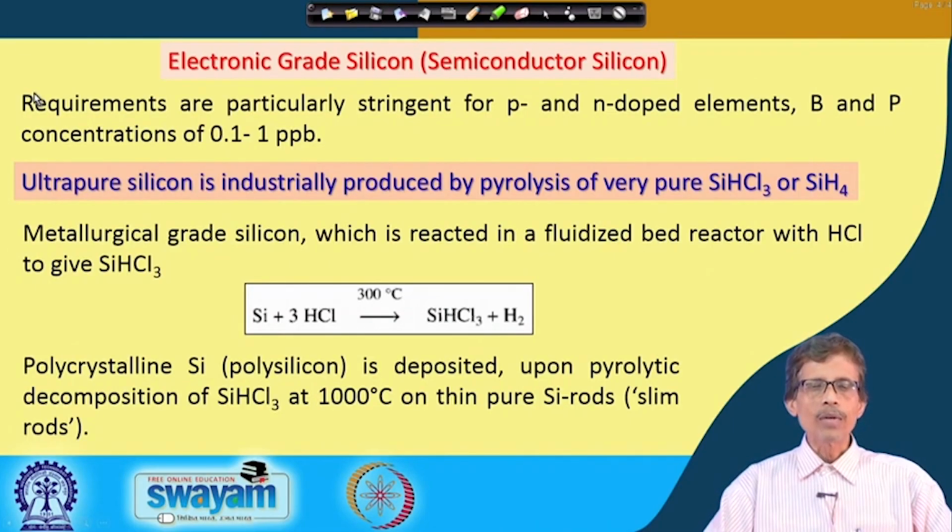So, SiO2 can be converted to silicon, that silicon to SiHCl3, and from there we get silicon in its purest form. That is why it is basically a purification process where we get electronic grade silicon for different semiconductor applications.